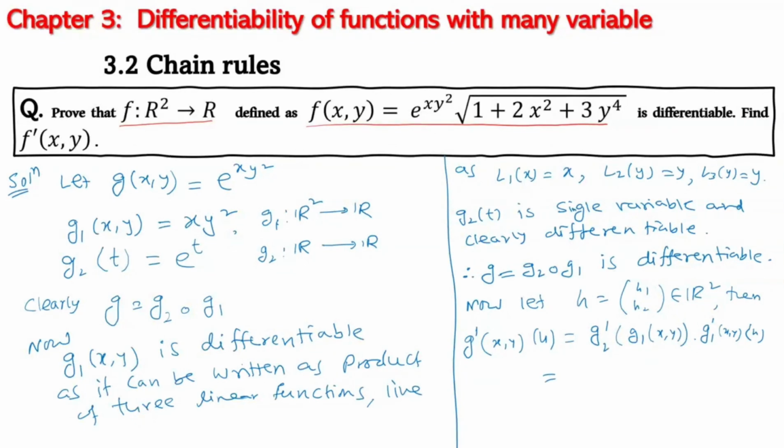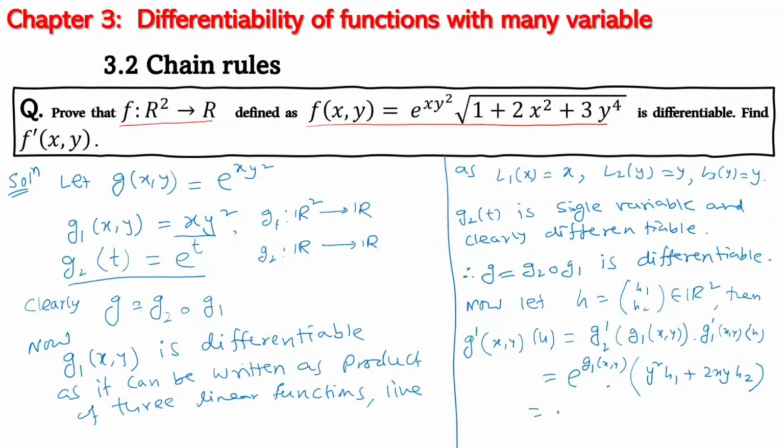The derivative of g2 is e to the power t. Therefore it will be e to the power g1(x,y) and then g1 dash (x,y), which is y square h1 plus 2xy h2.